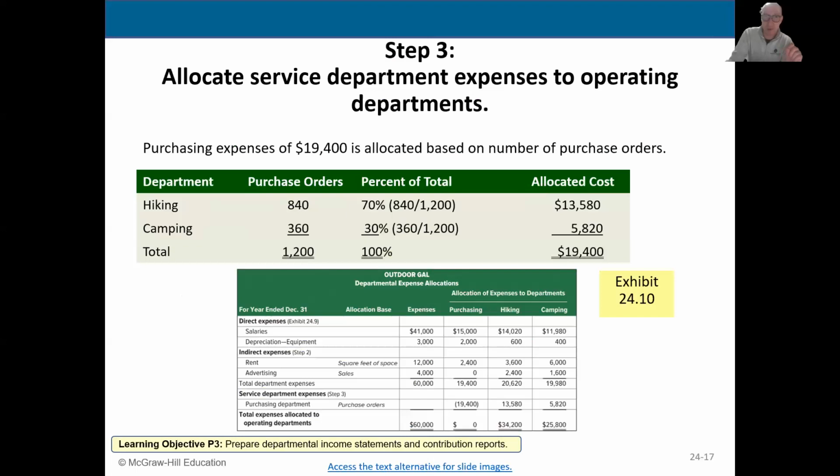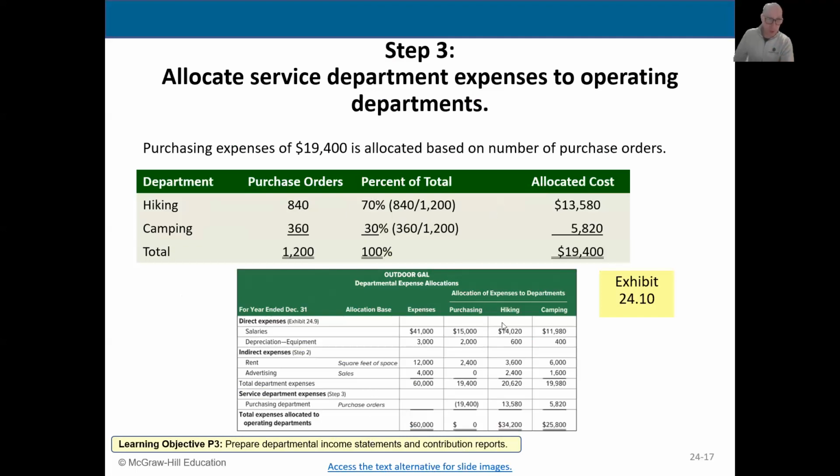We get the percentage, multiply that by the total amount, 19,400. We get the allocated cost, 13,580 and 5,820 respectively, equal the total 19,400. Those are the three steps that we follow to formulate the income statement for each department.